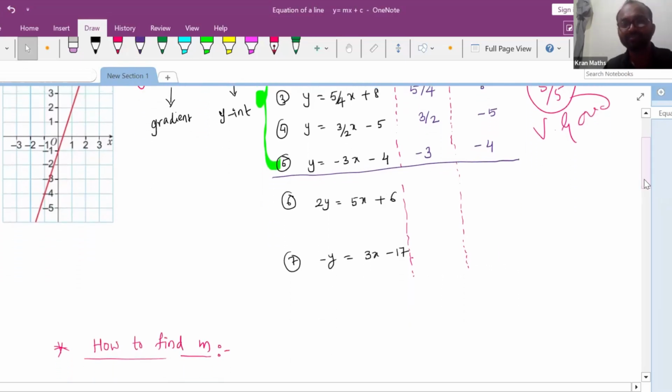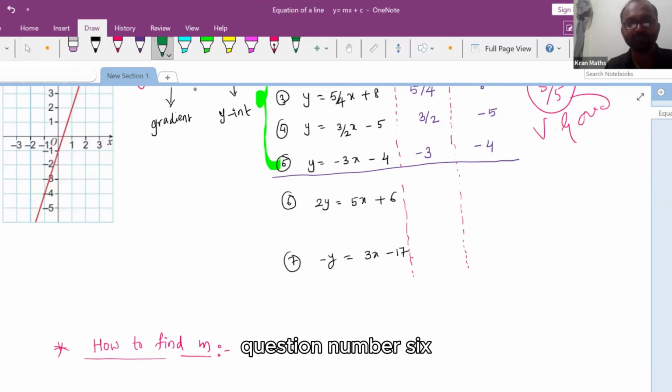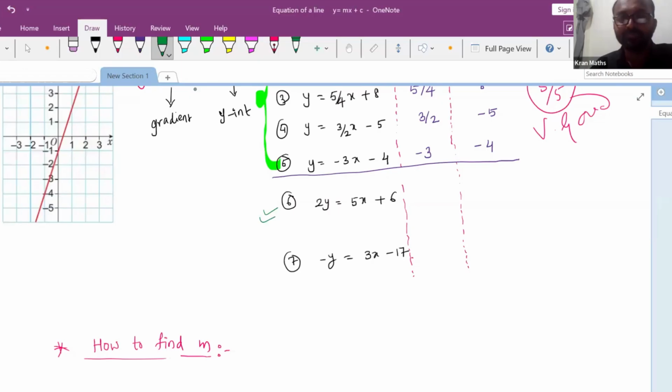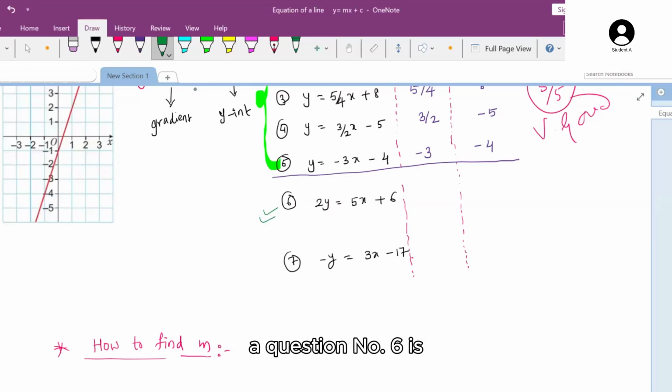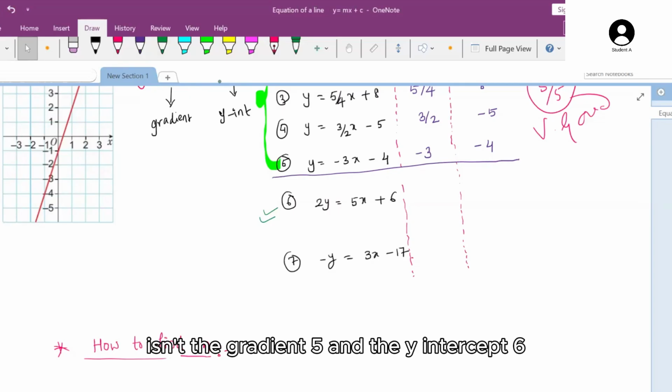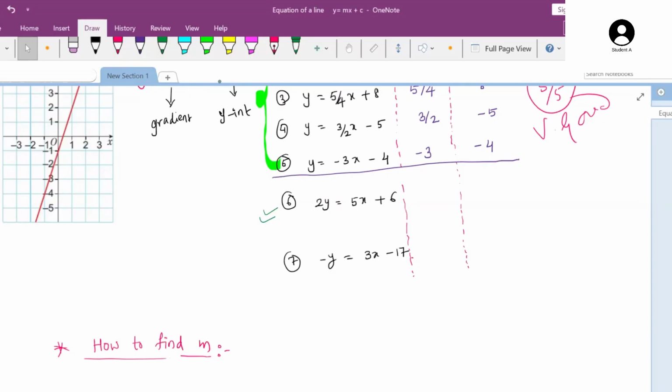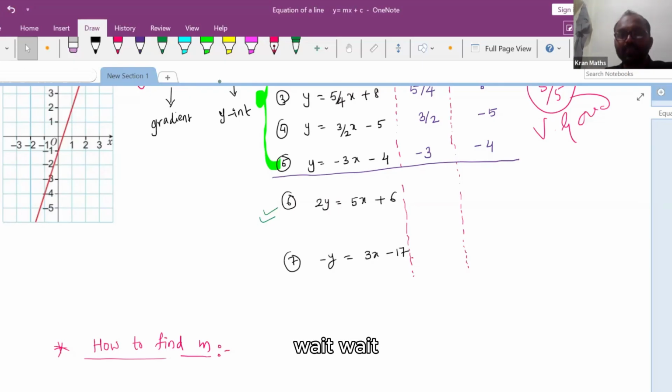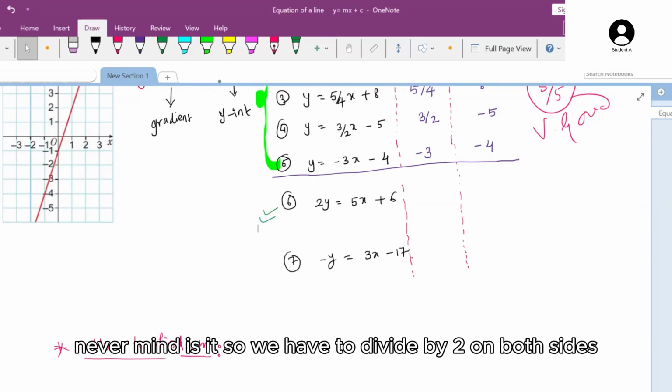Okay. Question number 6. Isn't the gradient 5 and the y-intercept 6? Wait, never mind. So we have to divide by 2 on both sides?